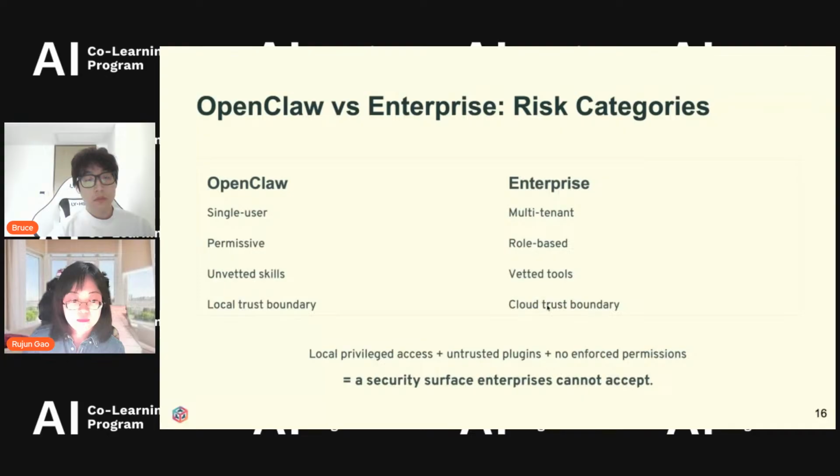So based on these three features, like local for OpenClaw, it uses local privileged access, and it's also an untrusted plugin, and also there are no controlled permissions during the agent execution process.